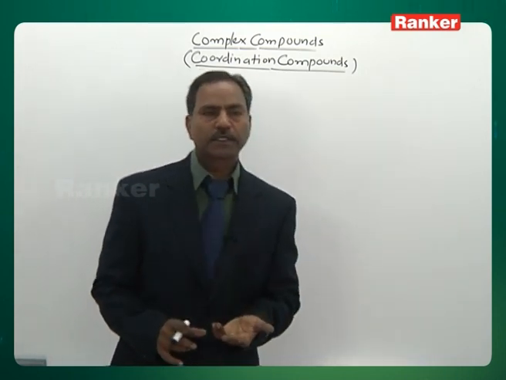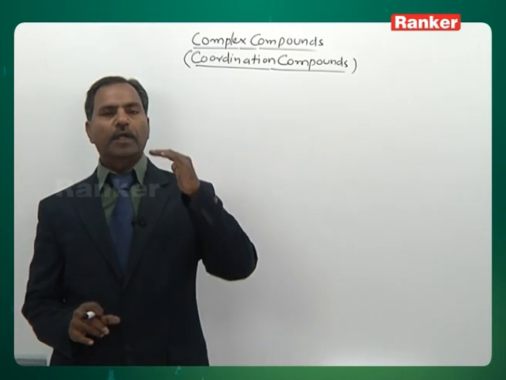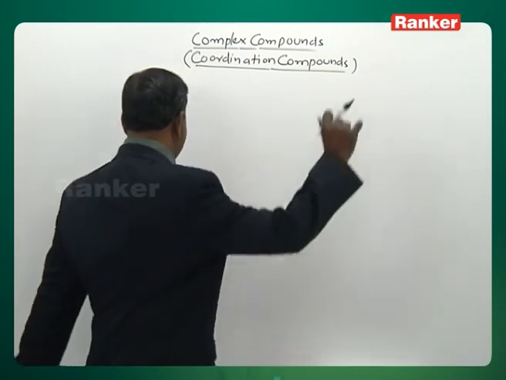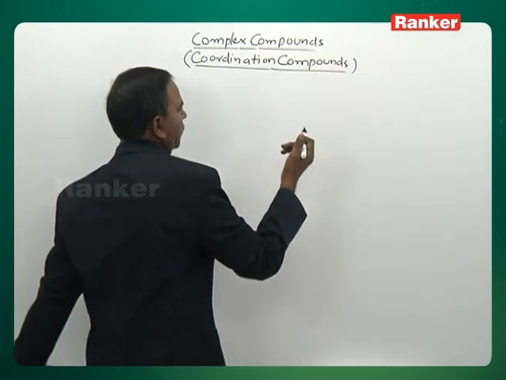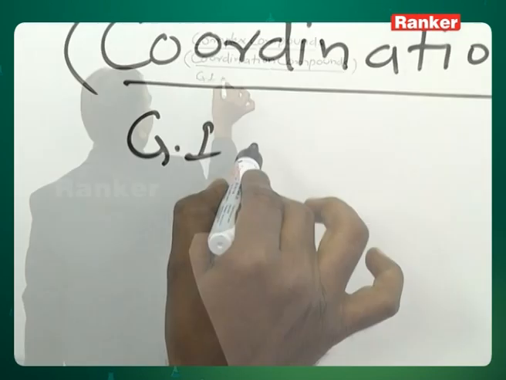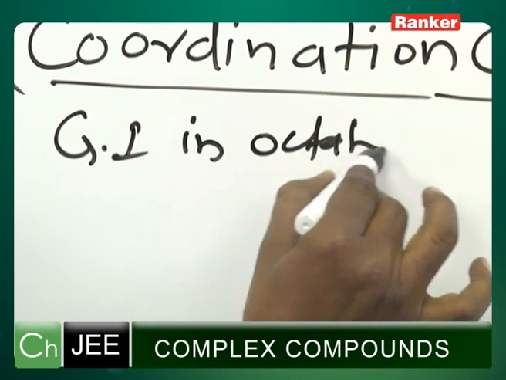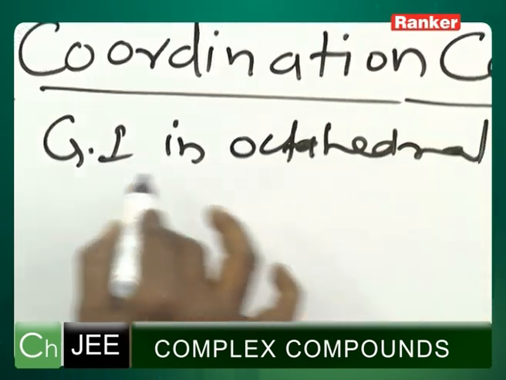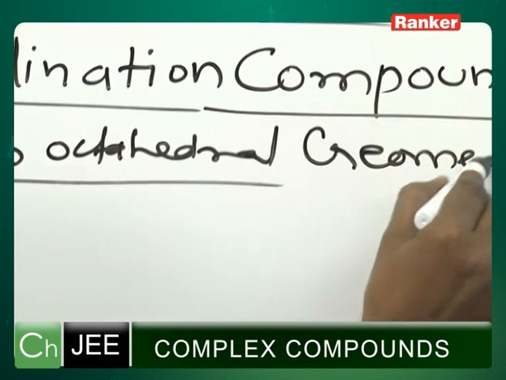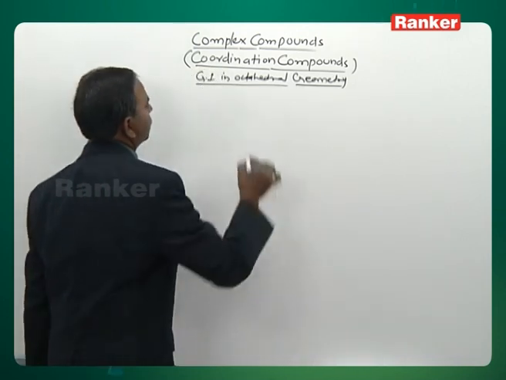Next, today we will discuss the same, geometrical isomerism with coordination number 6 and octahedral geometry. Geometrical isomerism in octahedral geometry.